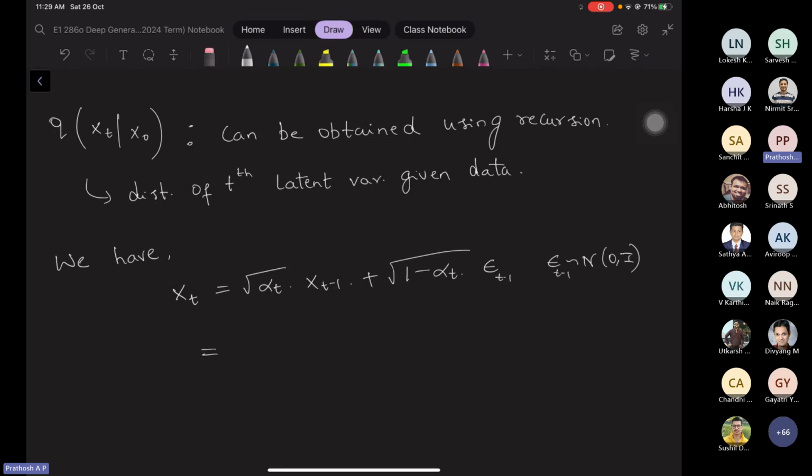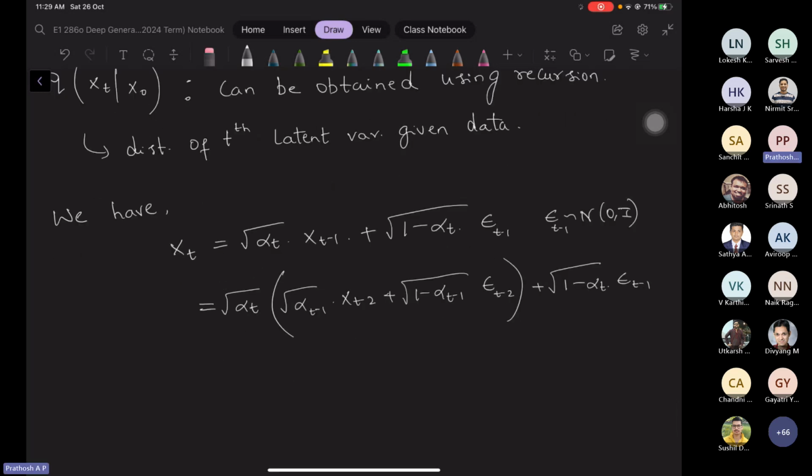Now I can recurse over this. This is square root of alpha t, into what is xt minus 1? Root of alpha t minus 1 times xt minus 2, plus root of 1 minus alpha t minus 1 times epsilon t minus 2, plus root of 1 minus alpha t times epsilon t minus 1.